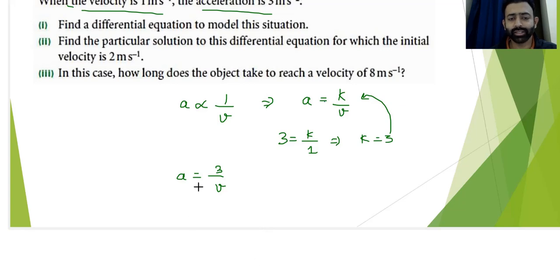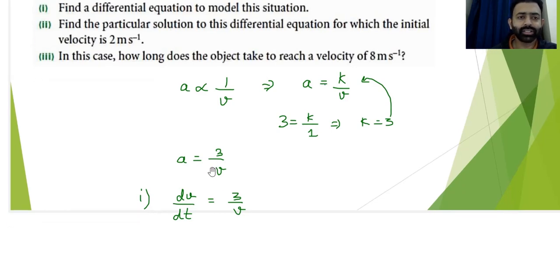So instead of writing a, because I have to form a differential equation, a differential coefficient must be used as a variable. So a has to be replaced by dv by dt, showing that this acceleration is not constant, it is changing. This is equal to 3 over v. So the first part answer is that the differential equation is dv by dt is equal to 3 by v.